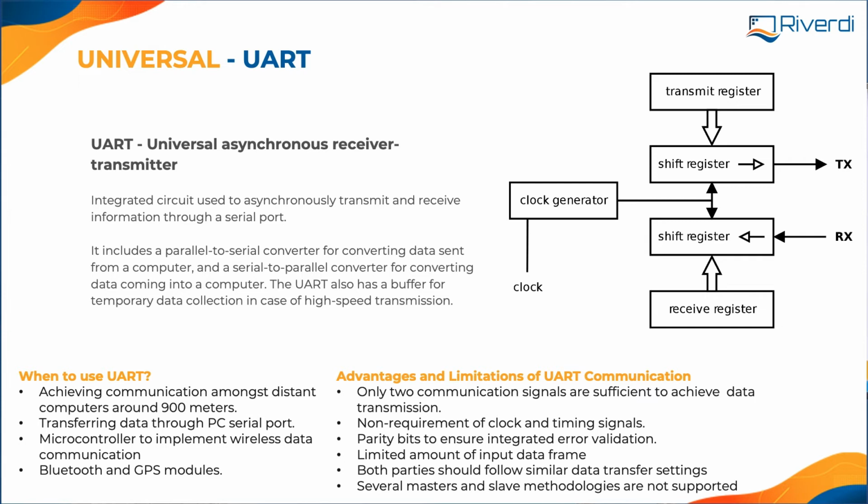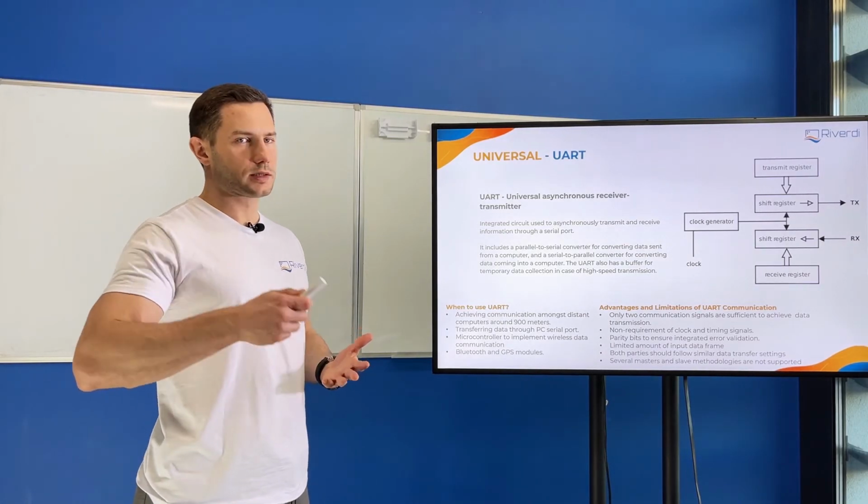UART is basically the same as RS232, but it's a fully internal interface, pretty slow. We have a TX line and an RX line, that is a transmit line and a receive line. We don't have a clock here; the clock is synchronized internally in the devices, but it is not being sent out.